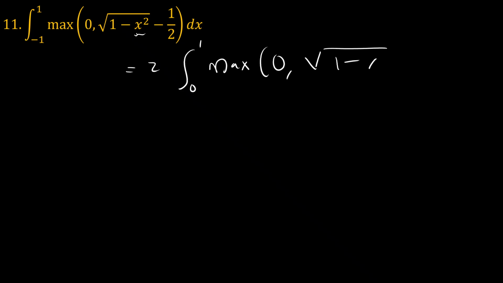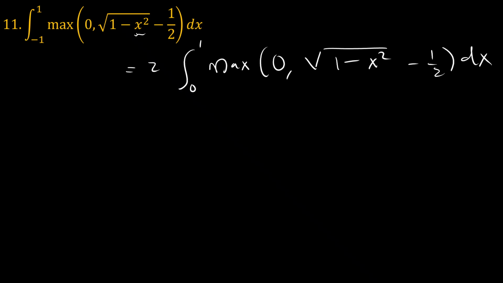So in other words, this problem is the same as twice the integral from 0 to 1 of the maximum value between 0 and the square root of 1 minus x squared minus a half.